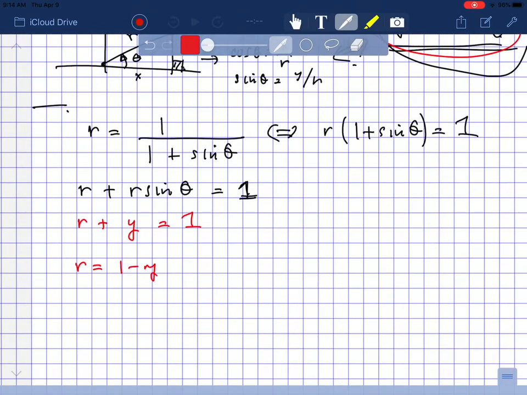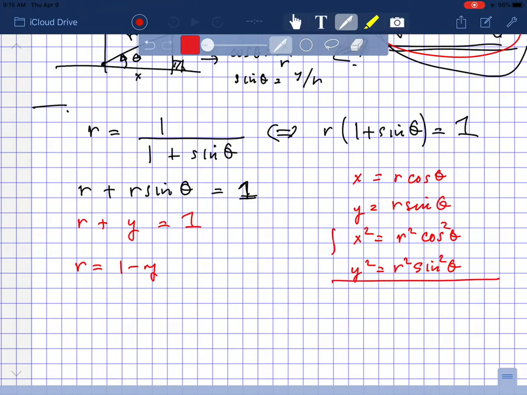All right? And now I can square both sides of the equation, because here's what I know. I have x is equal to r times the cosine of theta, and y is equal to r times the sine of theta. If I square both sides of these two equations, I get x squared is equal to r squared times the cosine squared of theta, and y squared is equal to r squared times the sine squared of theta.